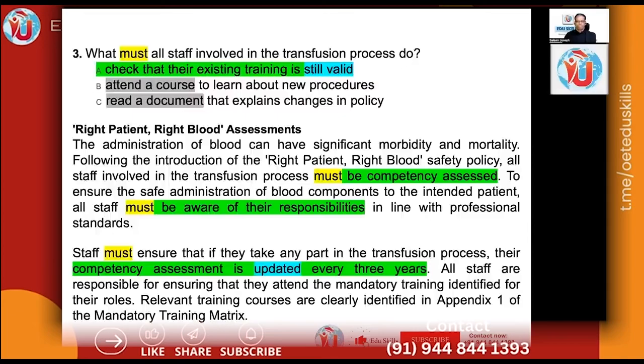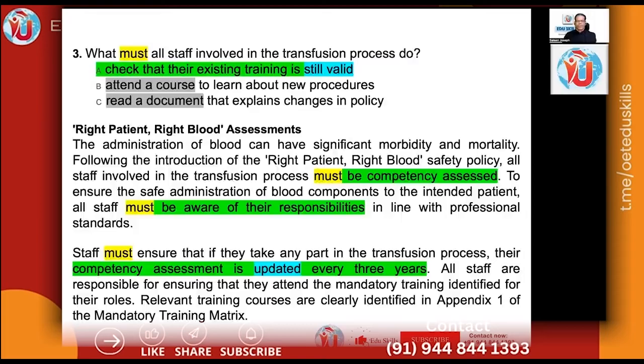All staff must be aware of their responsibilities in line with professional standards. Staff must ensure that if they take any part in the transfusion process, their competency assessment is updated every 3 years. All staff are responsible for ensuring that they attend the mandatory training identified for their roles. Relevant training courses are clearly identified in Appendix number 1 of the mandatory training matrix.